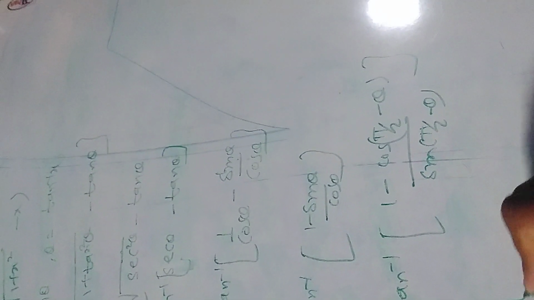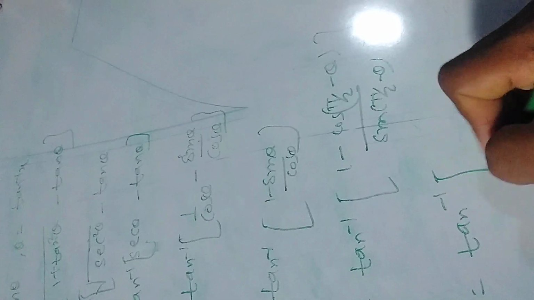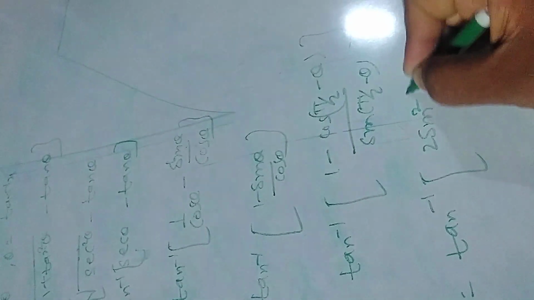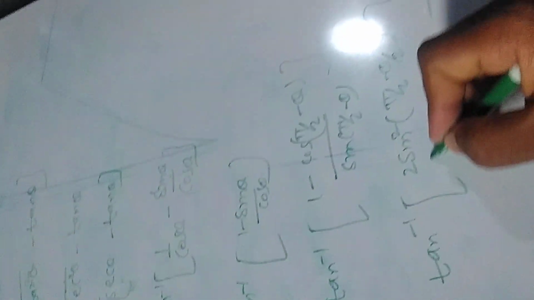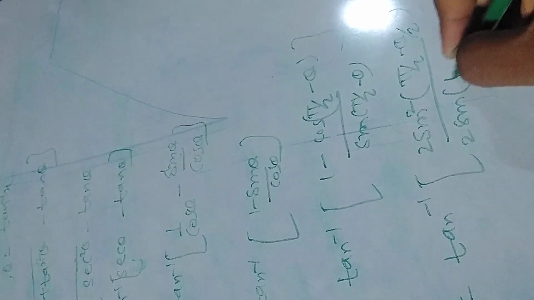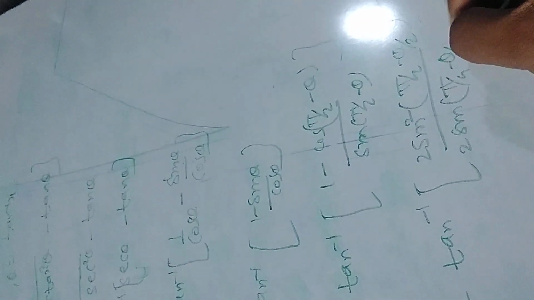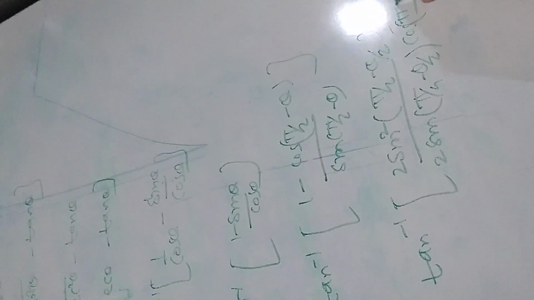So it will be tan inverse of 2 sin square of (pi by 2 minus theta) by 2 divided by 2 sin of (pi by 4 minus theta by 2) into cos of (pi by 4 minus theta by 2).